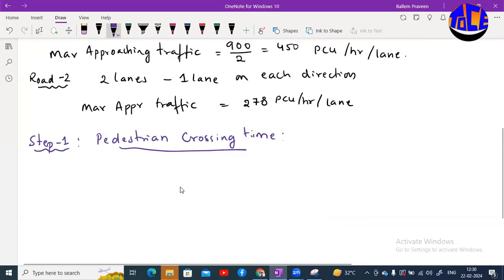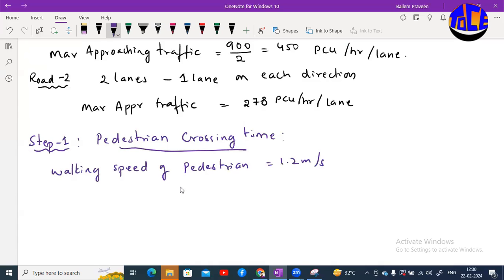So as per IRC 37, the walking speed of a pedestrian is 1.2 meters per second. For road 1 crossing time, what is the time that will be taken for a pedestrian to cross road 1? It will be 12, because road 1 has 12 meters width.